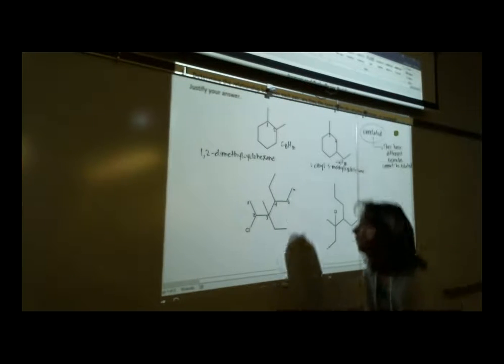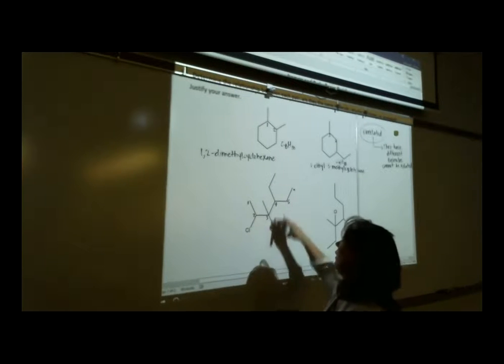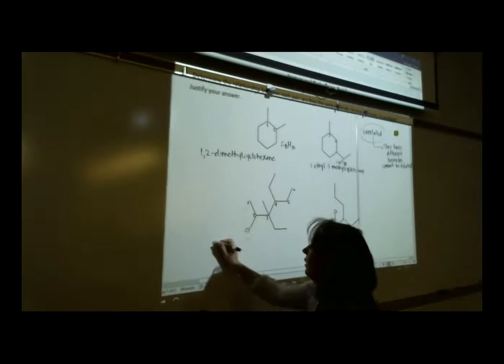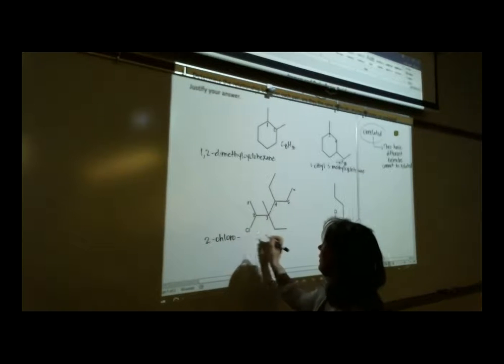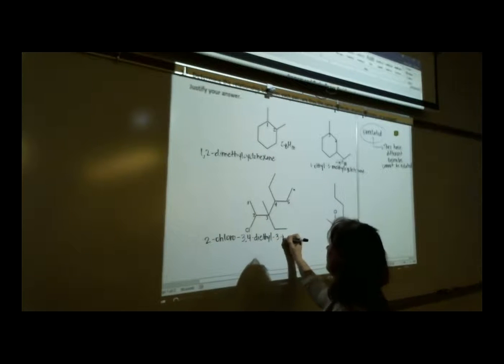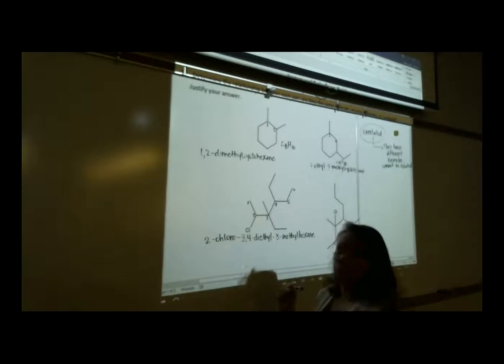All right. We've got chloro, ethyl, ethyl, methyl, right? Do we agree? So this is going to be 2-chloro-3,4-diethyl-3-methylhexane. And now let's come up with its formula.